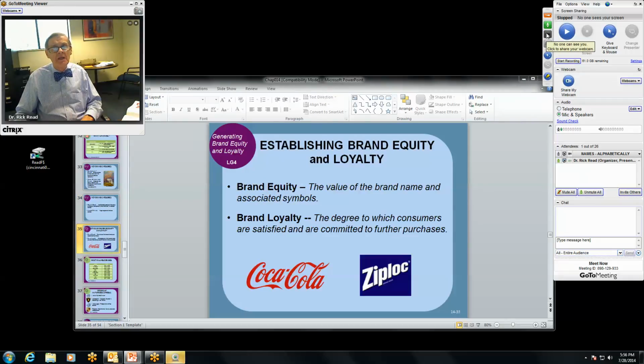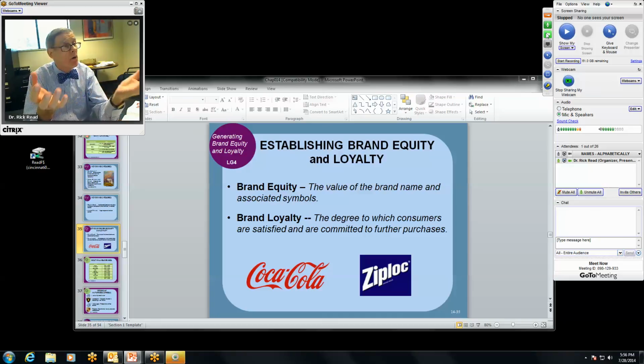This is something that companies always want to do. They want to do two things: establish brand equity and then brand loyalty. Brand equity is the value of the brand name and its associated symbols. So there's money attached to that. How much is that brand name worth?